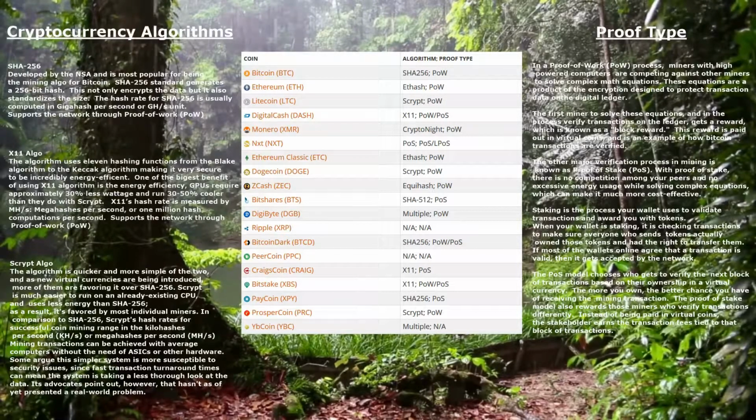So the first miner to solve these equations, and in the process verify transactions on the ledger, gets a reward, which is known as a block reward. The reward is paid out in virtual coins and is an example of how POW mining rewards are paid out, and an example of how Bitcoin transactions are verified.